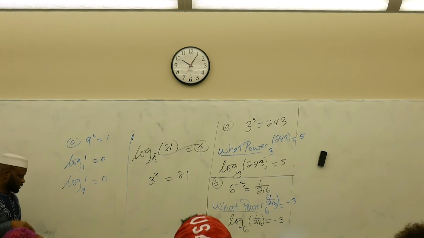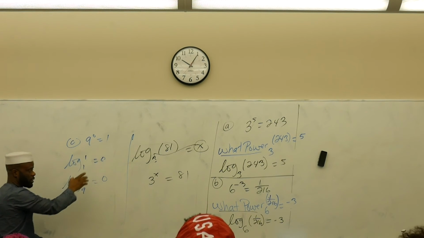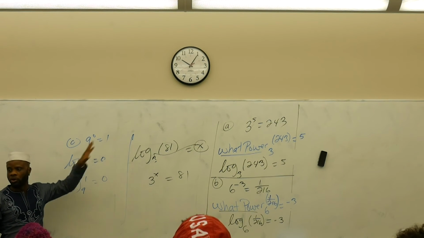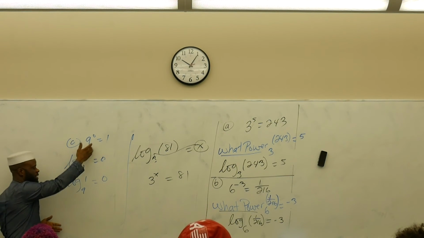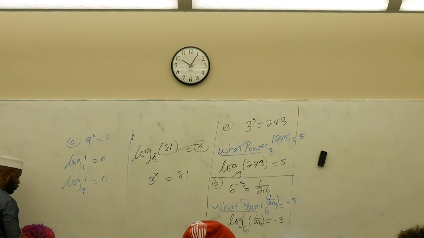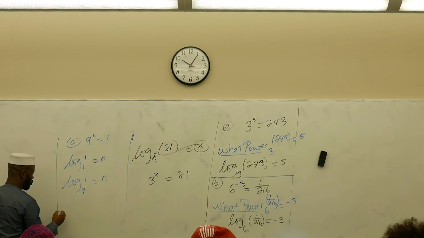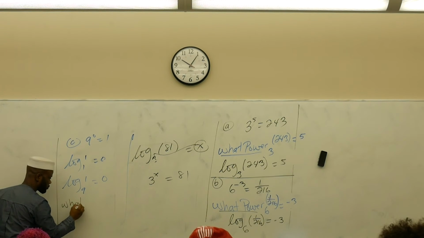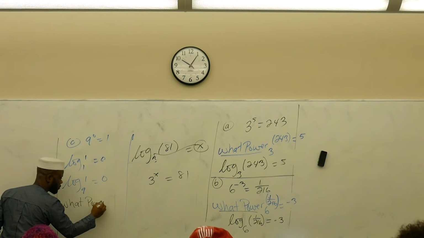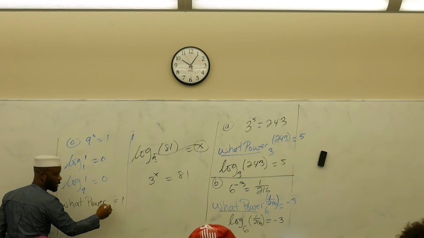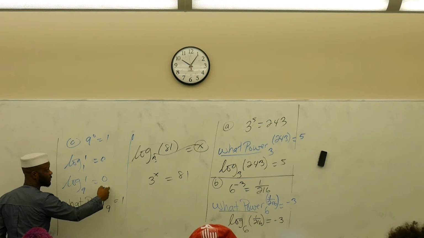From here, 9 is the thing with the exponent, right? 9 is the thing with the power. So we're asking what power of 9? That's why I don't want you to skip that one step yet. So it's what power of 9 gives us 1?